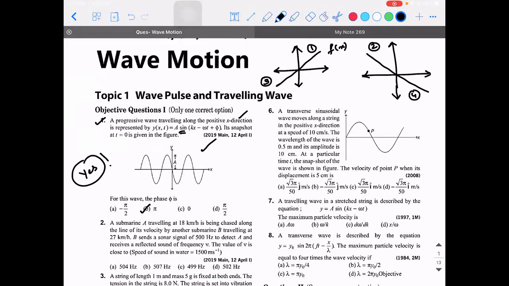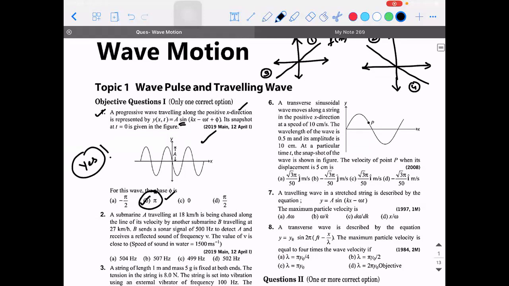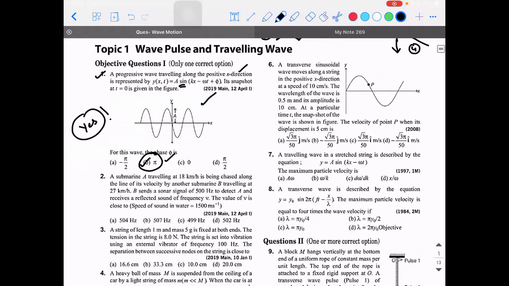Third quadrant. Third quadrant means pi plus something, correct? That is why the answer is pi. Are you guys able to understand the application of odd and even functions? Right? Okay. Shall I proceed?